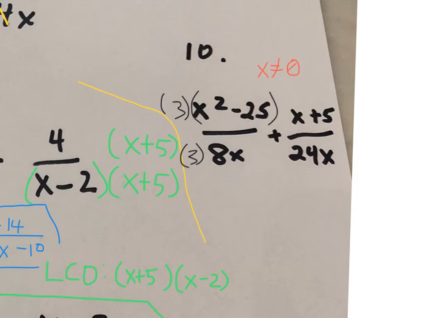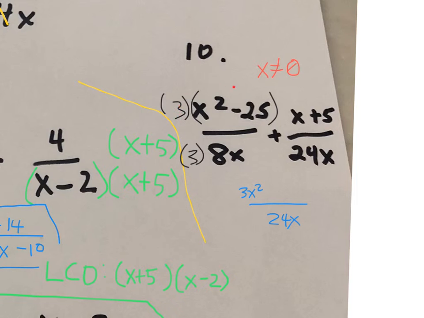So on the next line, we're going to work that out. I'm a big fan of saving time, so we're going to just have 24x down below, because we know that's what the common denominator is going to be. And let's piece this together all the way across. It's going to be 3 times x squared, which is 3x squared.